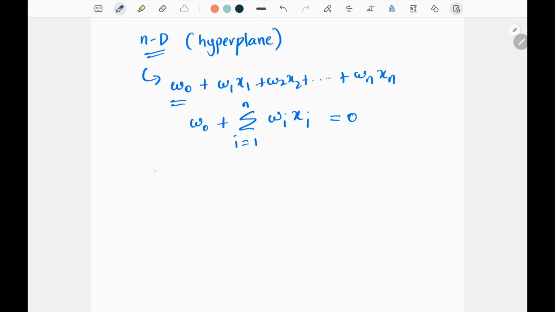In vector notation, how would it be represented? w0 plus the row vector w1, w2 till wn, multiplied by the vector x1, x2 till xn.